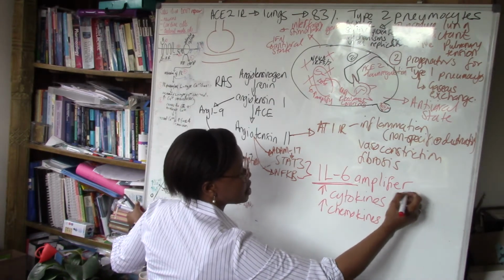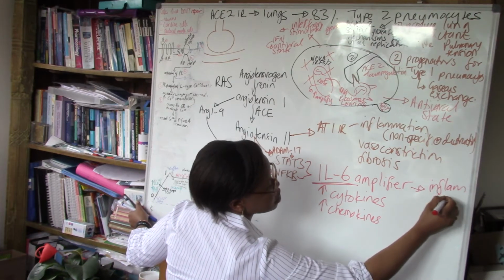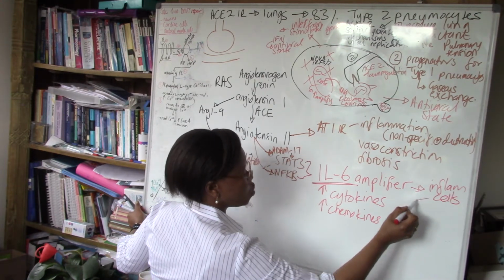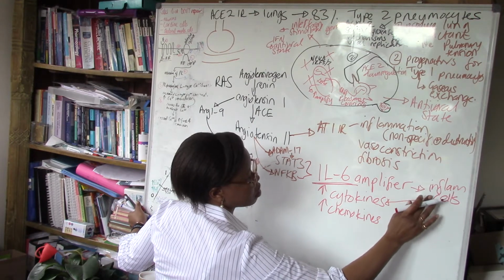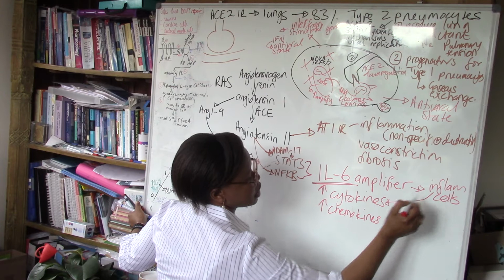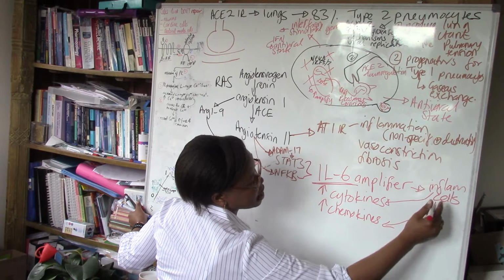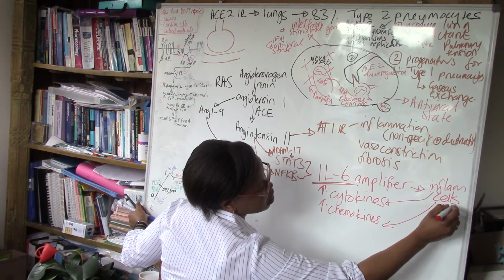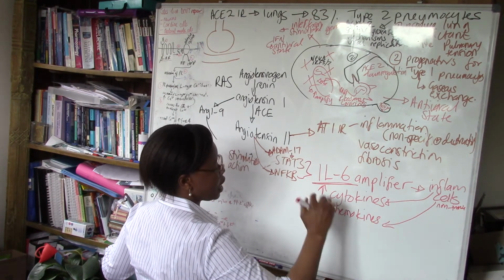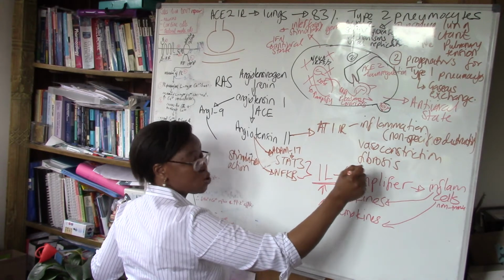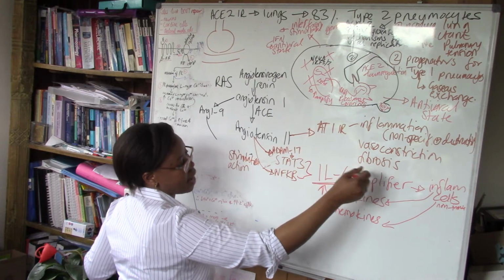activates inflammatory cells. So it activates cells to secrete cytokines. Let's just say it activates cells, so inflammatory cells and non-immune cells, to create chemokines, and then these chemokines go back and feed back into the IL-6 amplifier, into the secretion of IL-6 amplifier.